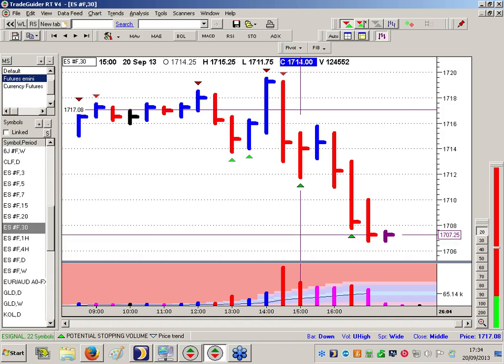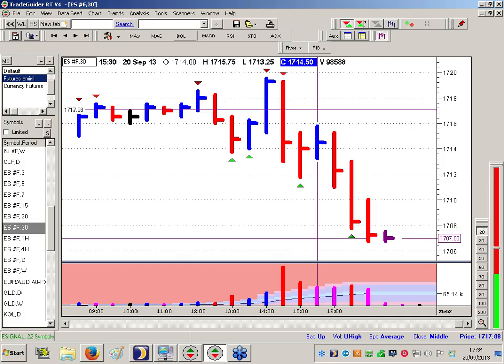Now, whenever you see weakness appearing like this, if you ever get a no demand up bar, that's no demand. There's no signal on it, look. But you will recognize those given time. Up bar, look, narrow spread, close in the middle, and the volume is clearly low. That's no demand.